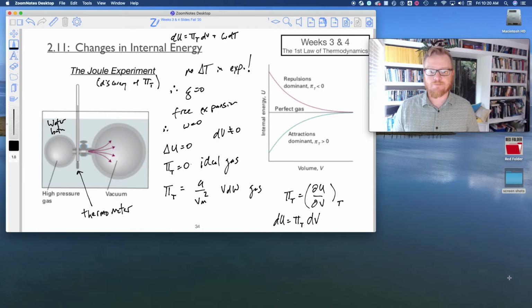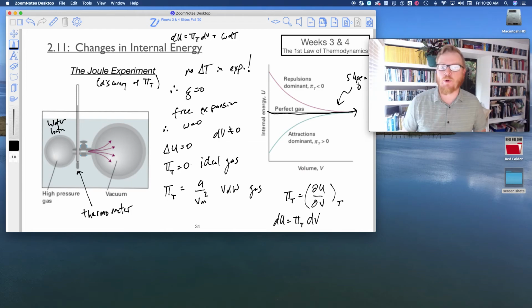Okay? So now when I get this graph here, we can see two regimes will manifest as a result of the volume. And so it depends on the conditions. We know that when pi_T equals 0, in other words, when the slope is 0, so slope equals 0 for a perfect gas, so no attractive or repulsive forces.